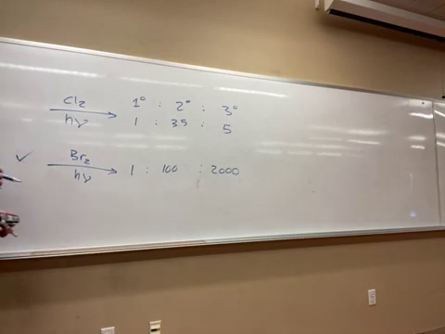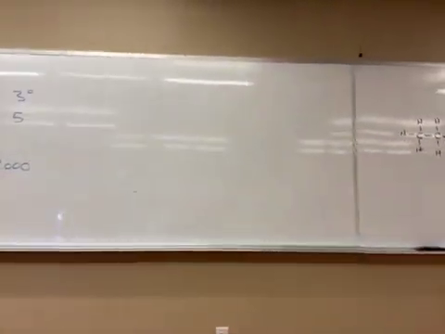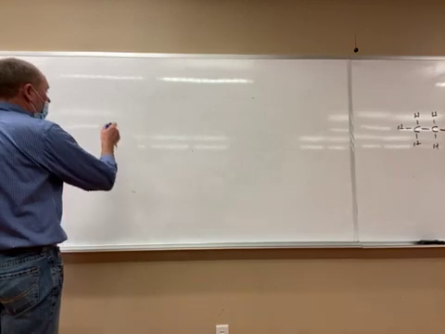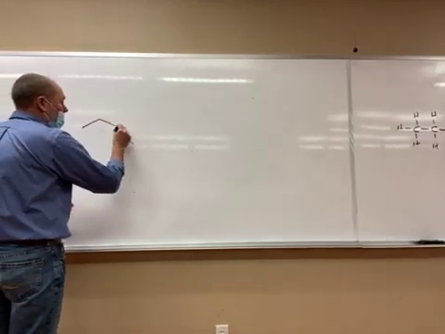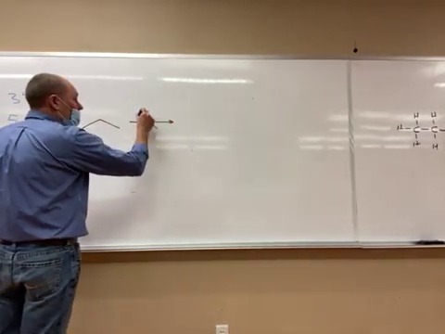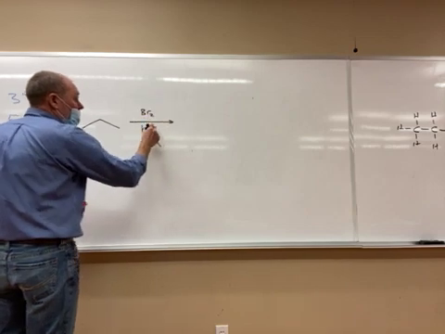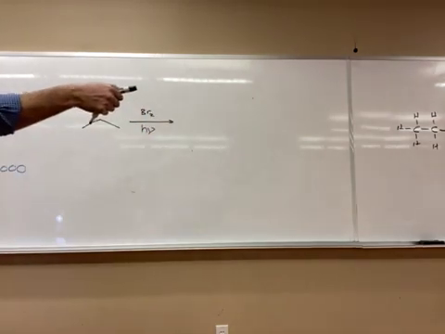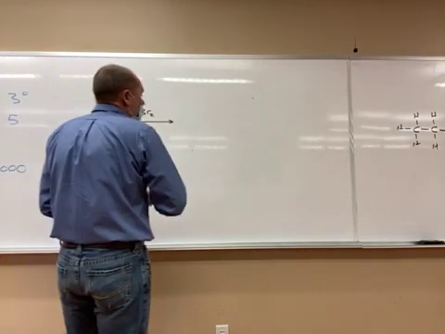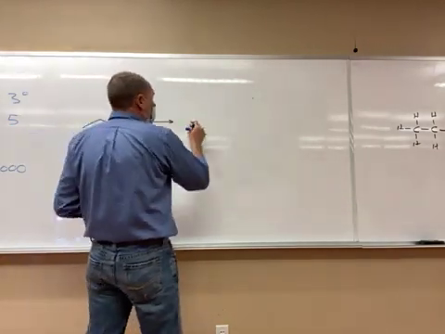Okay? So for example, if I took propane and I brominated it instead of chlorinating it, we already saw what happens with chlorinating it. I get 2 products out. All right? But when I brominate this, I get out 2 products, but look at the ratio.